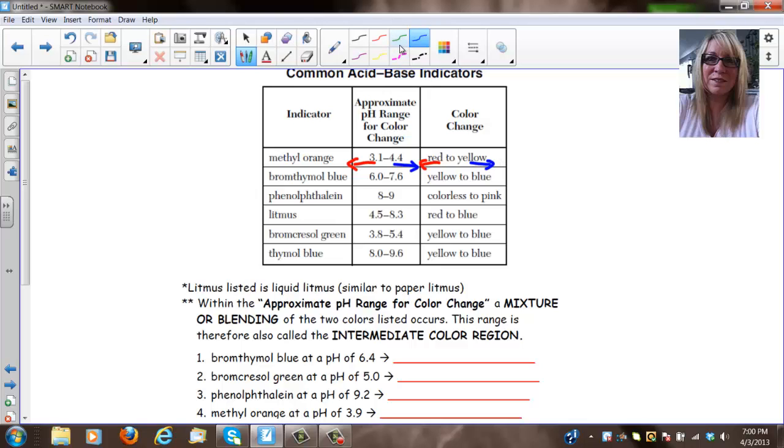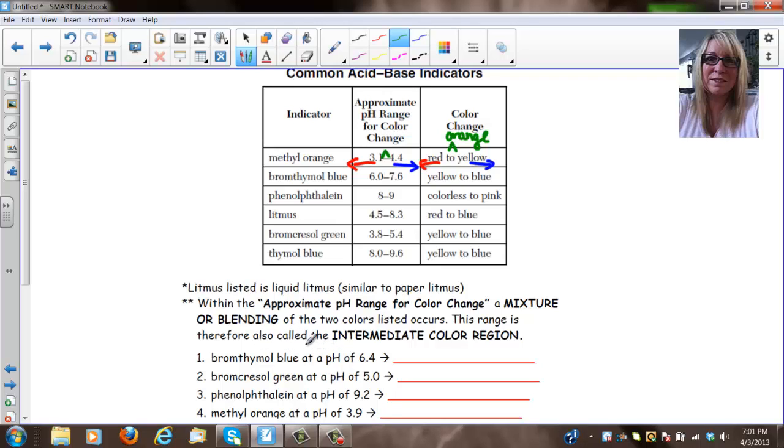If I'm in the middle range, greater than 3.1 but less than 4.4, my solution is going to be a combination of these two colors. Red and yellow makes orange. And this was the example that we were just referring to above. So, within the approximate pH range for colors, a mixture or blending of the two colors happens. This range is therefore also called the intermediate color range.